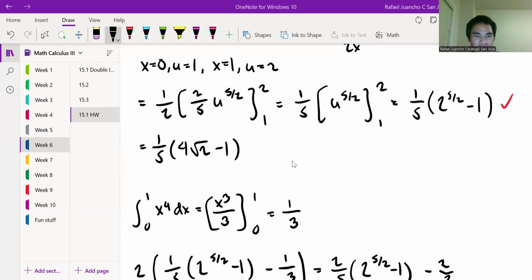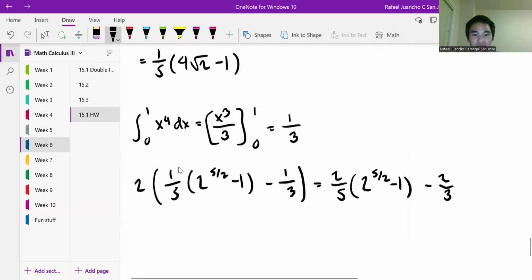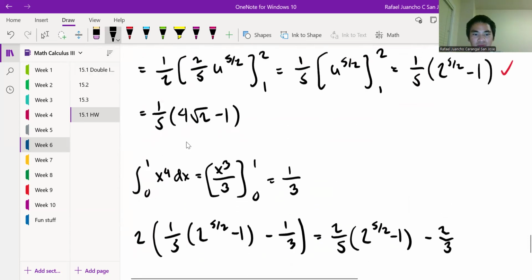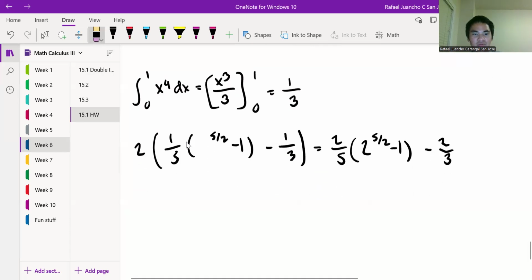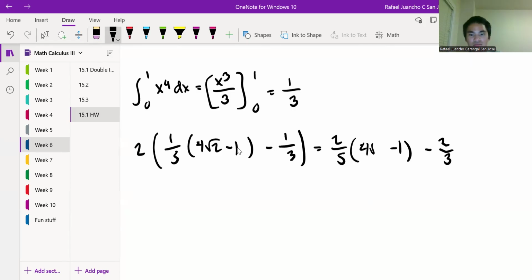And then that's it, right? And then for the second integral, it's 1/3. And so if I were to plug all of them in, I would get this. Right?